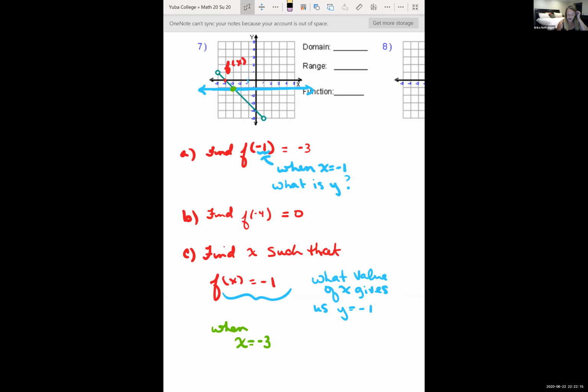Looking at a graph, you should be able to find where a graph is increasing, decreasing, and constant.